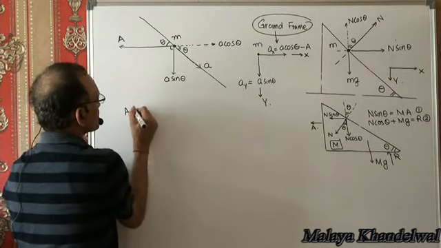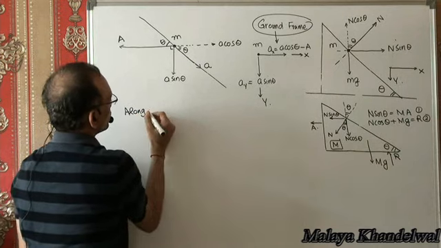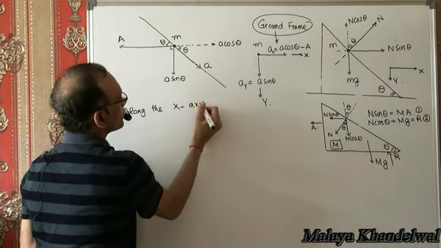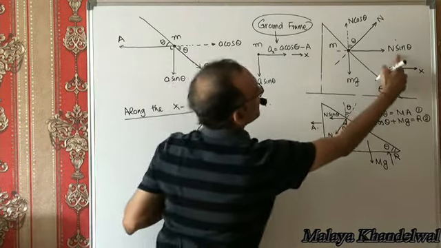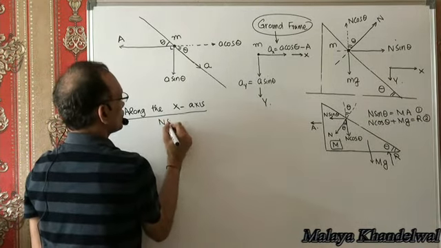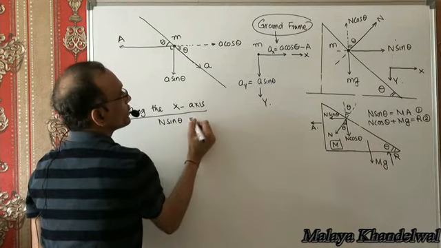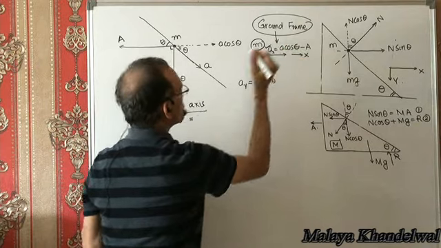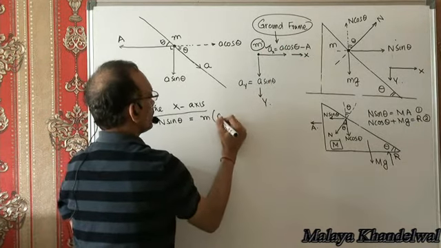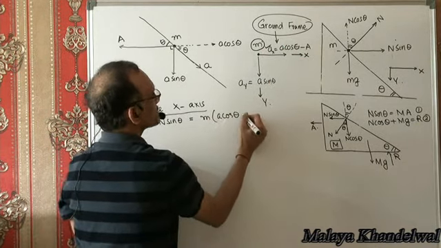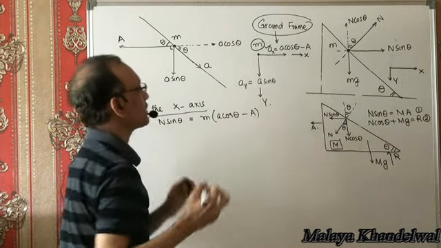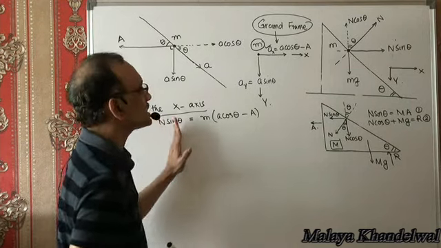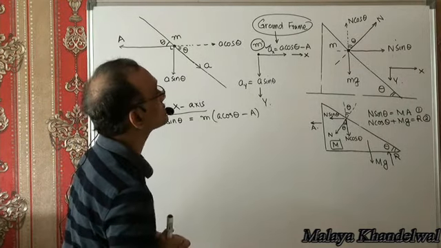So along the x-axis, for small m, we have N sine theta acting on the mass small m to produce ax, m into (a cos theta minus capital A). This is what it's doing. That's as far as N sine theta is concerned.